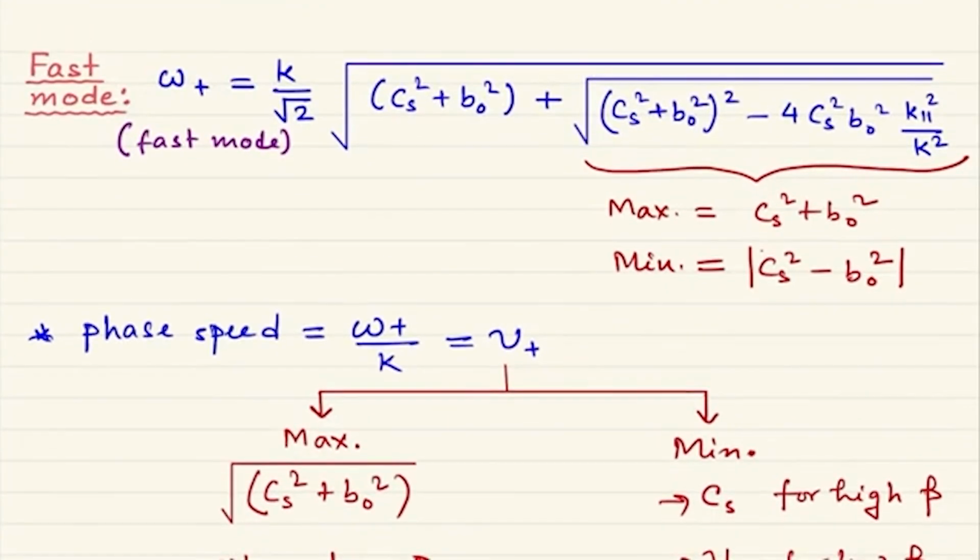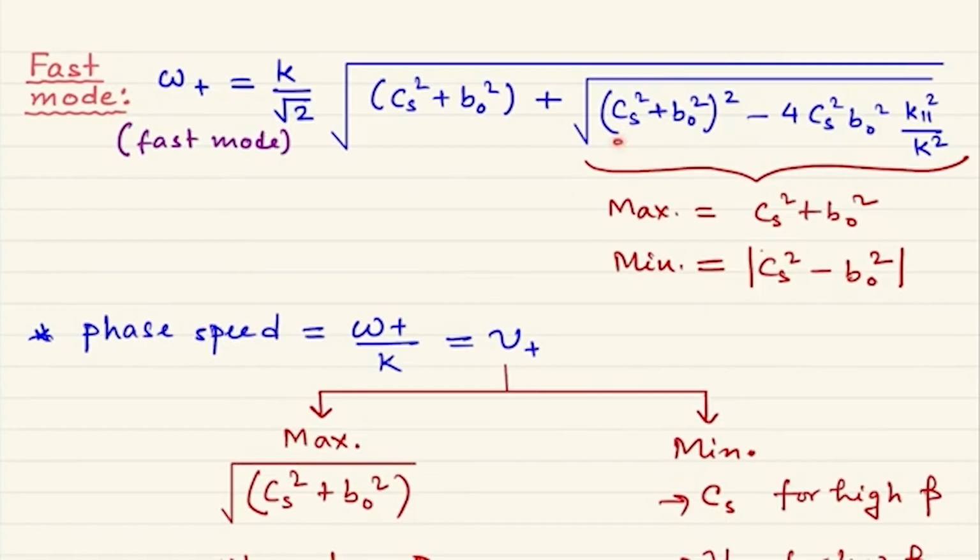In this condition k parallel is 0, and the total thing within the bracket is nothing but CS square plus B0 square. So that is CS square plus B0 square whole square, and when you take the root, that gives simply CS square plus B0 square. This is the maximum case, and the minimum case is when this one is almost equal to k, and then you have CS square plus B0 square whole square minus 4 CS square B0 square, which is nothing but CS square minus B0 square whole square.